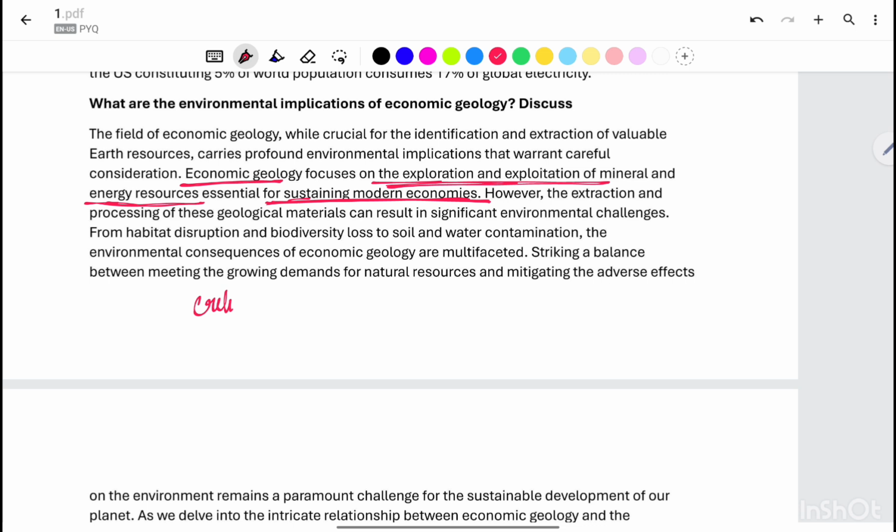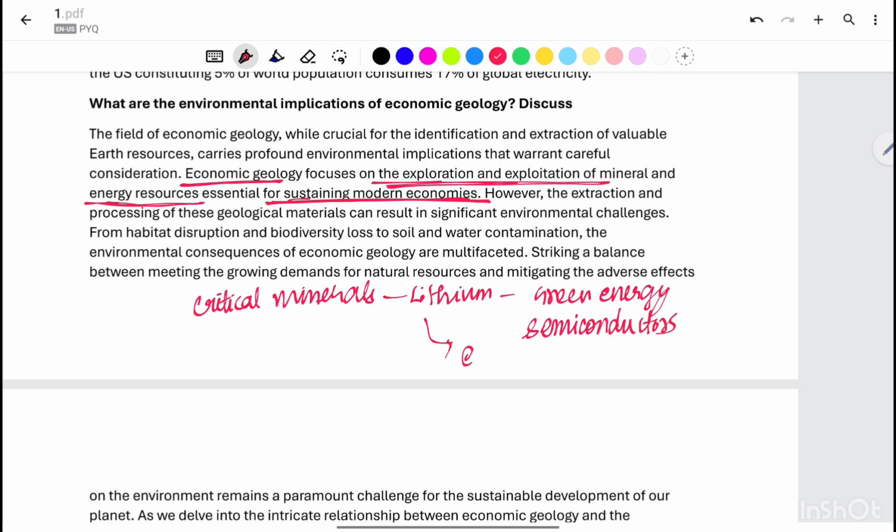For example, we have critical minerals, like lithium, which is now important for green energy, for semiconductors, and for energy storage systems.